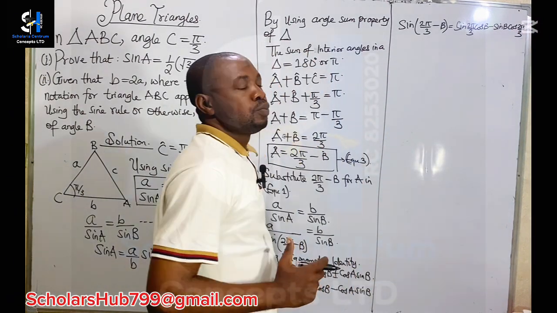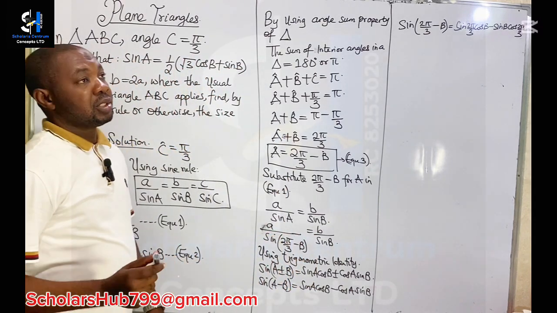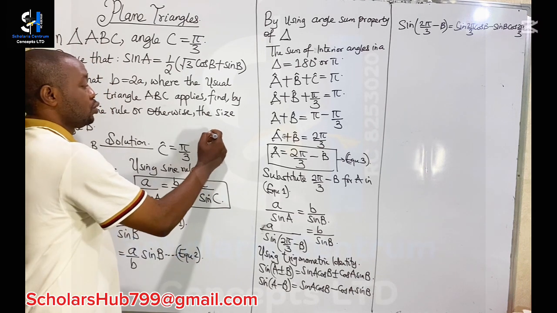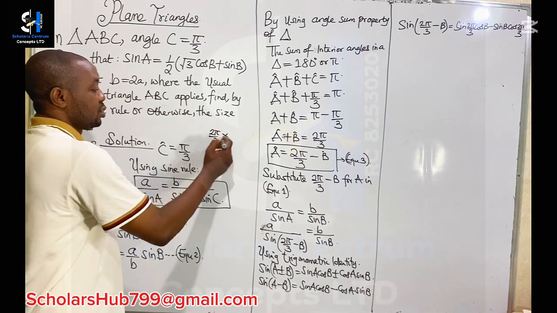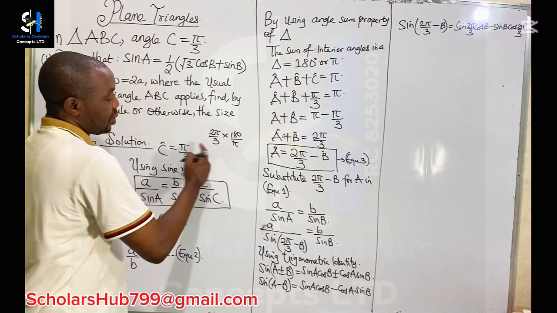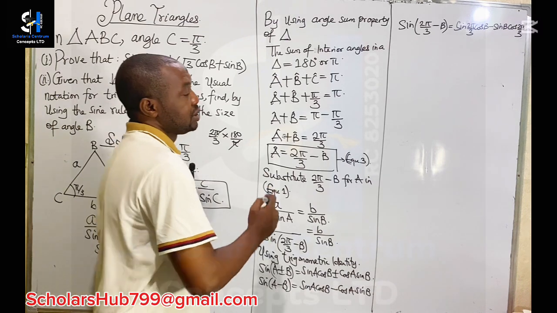Now, sine 2 pi over 3. Converting 2 pi over 3 to degrees, that is multiplying this value by 180 over pi, and that will be 120 degrees.